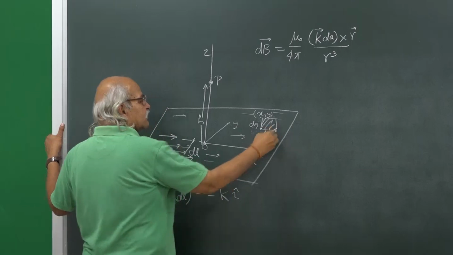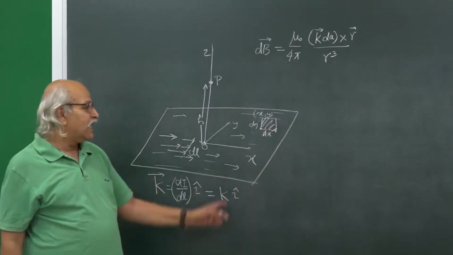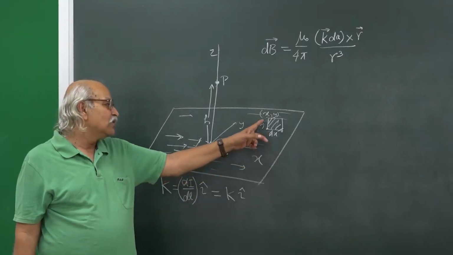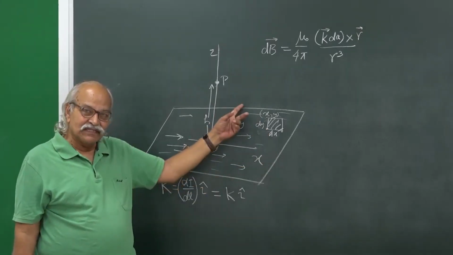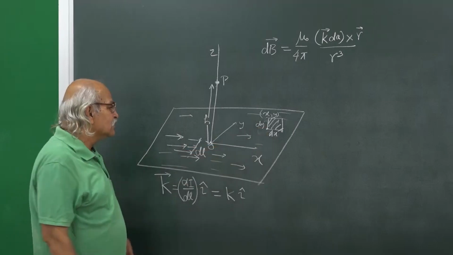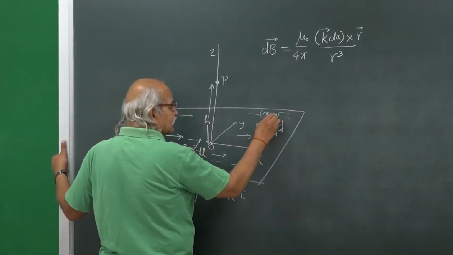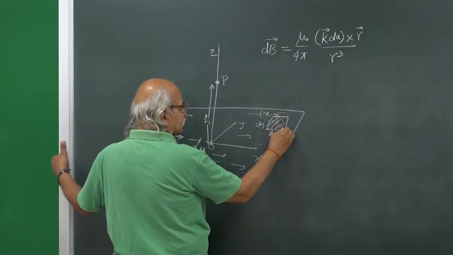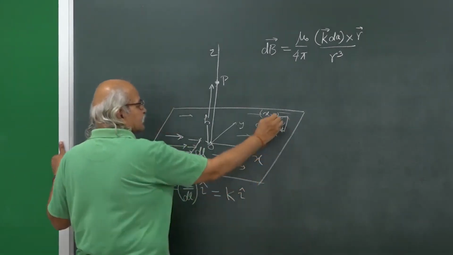This is our area. And then when x goes from minus infinity to plus infinity and y goes from minus infinity to plus infinity, all these areas will cover the entire plane. So, x axis, y axis, dx, dy.